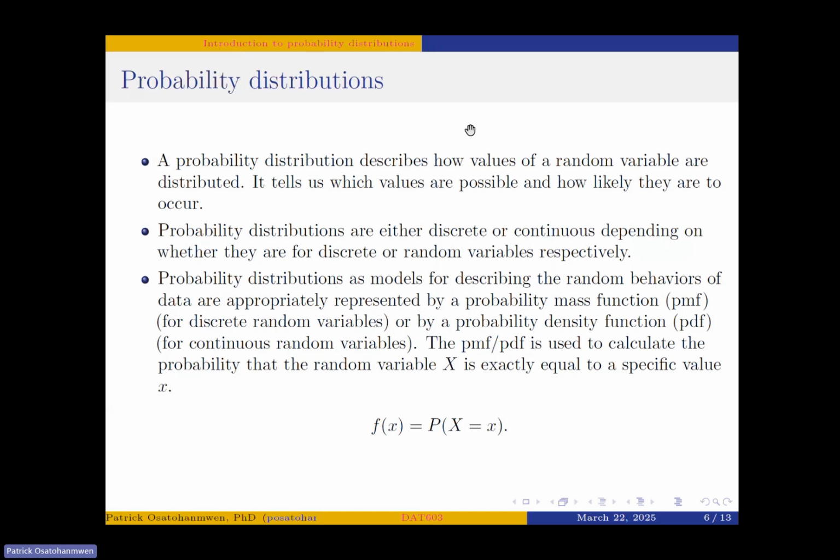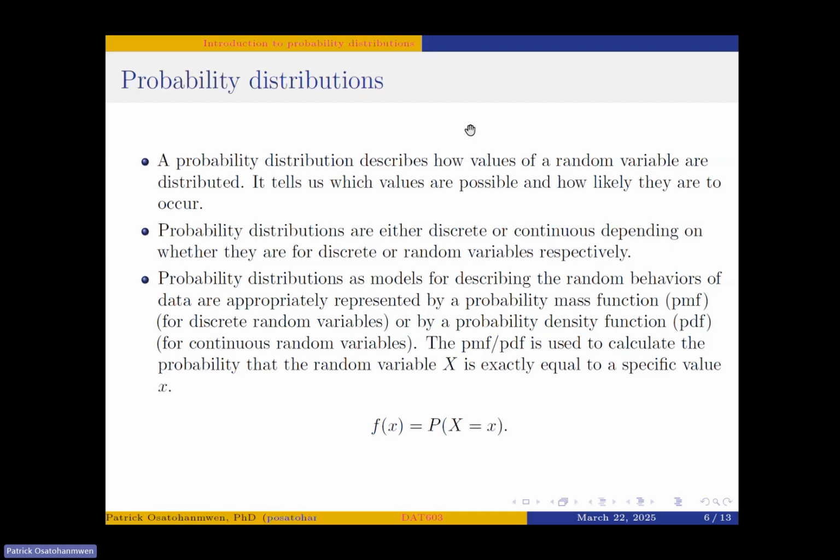When they are used to describe discrete random variables, we call them discrete probability distributions. When they are used to describe continuous random variables, they are called continuous probability distributions.